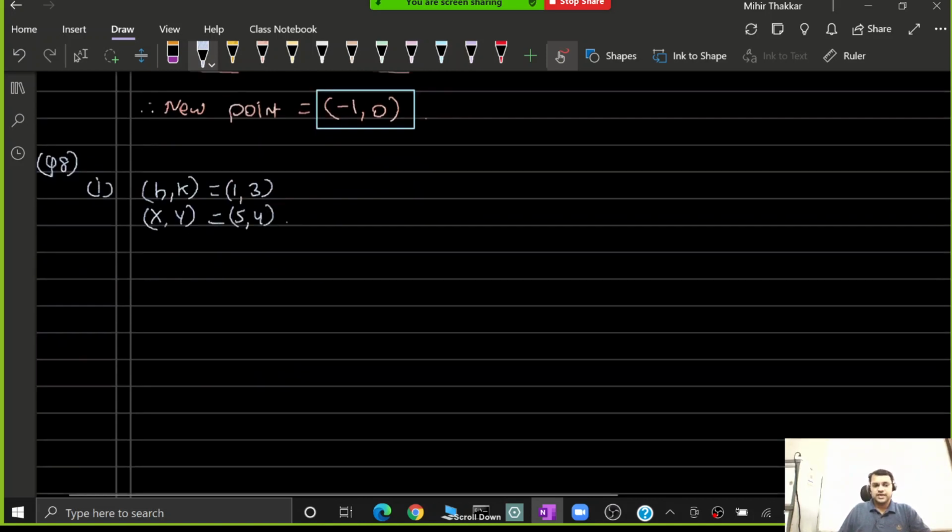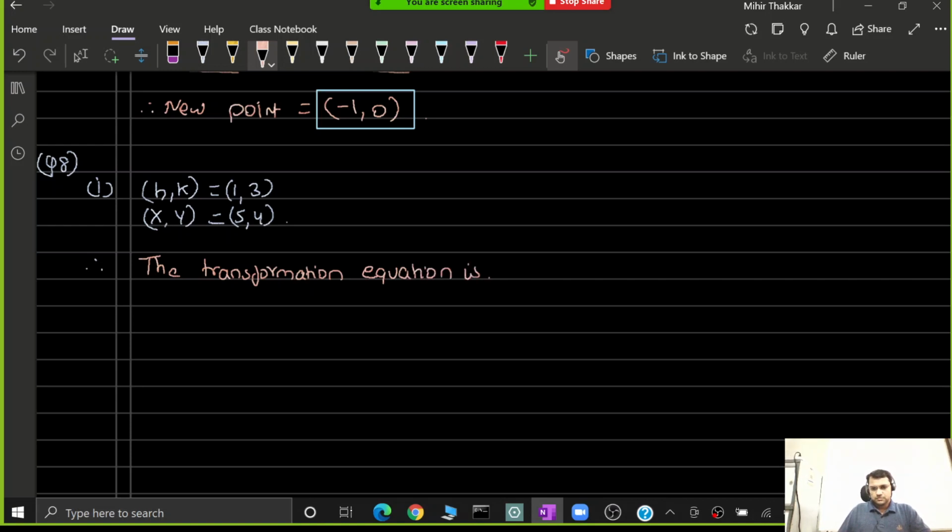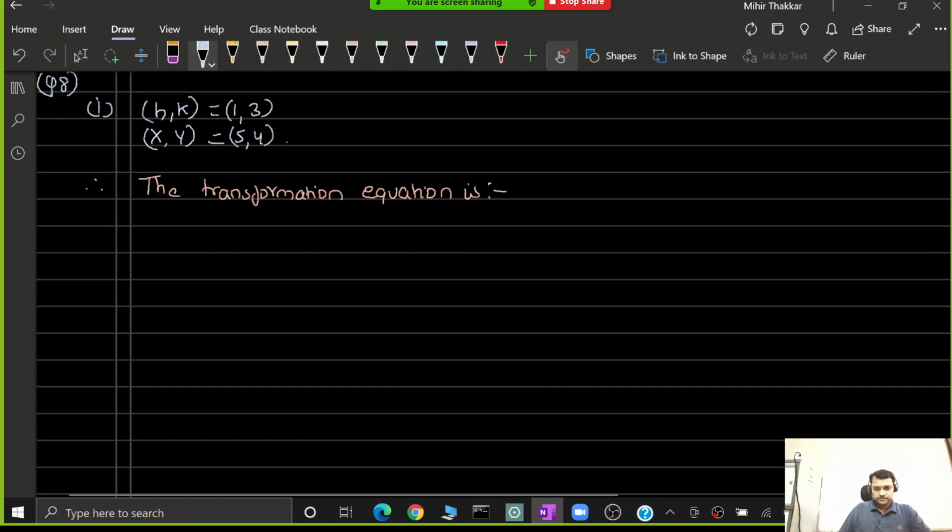So in that case, again like we wrote in the previous case, the transformation equation is: small x we don't know, capital X is 5, h is 1, so you get small x value as 6.